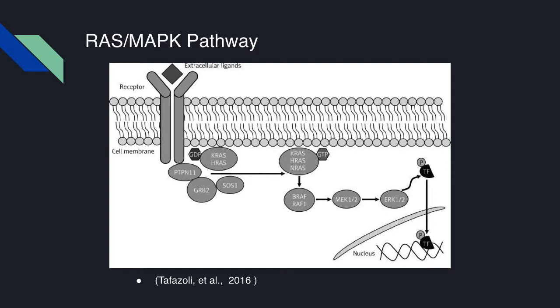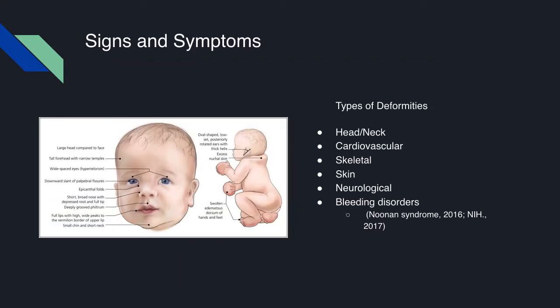So in this figure, we could see those genes, which can cause the resulting protein to continuously be active. If these genes become affected or mutated, they will still bind to the receptor, causing alterations of those tissues that lead to Noonan syndrome. So these tissues that are actually affected can become some type of deformity.